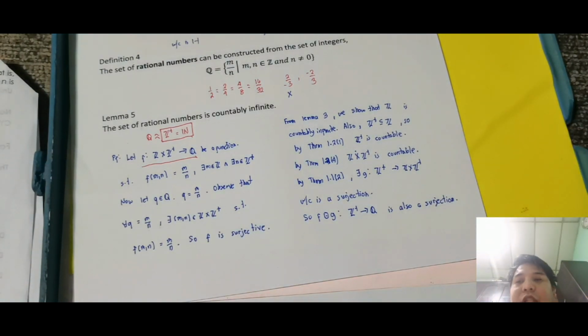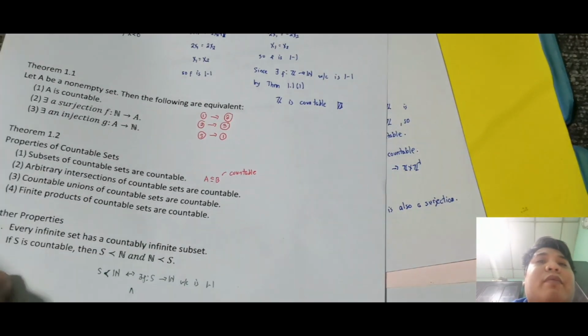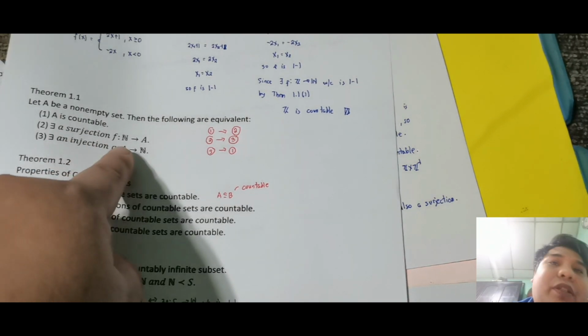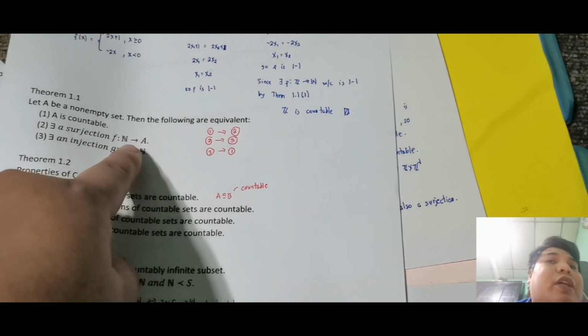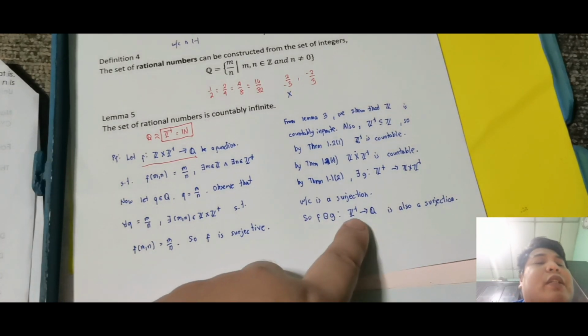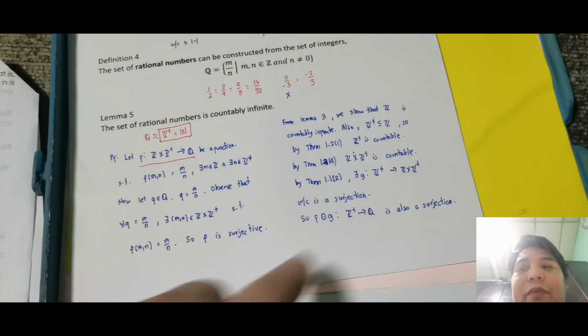Okay, now, since siya is surjection, check natin dito. Meron na tayong surjection na function mapping from Z plus going to Q. Okay, since siya is surjection, therefore, there exists an injection. So, ano ba masabi natin? Di ba, meron tayo nito, Z plus mapping to Q, siya ay surjection.